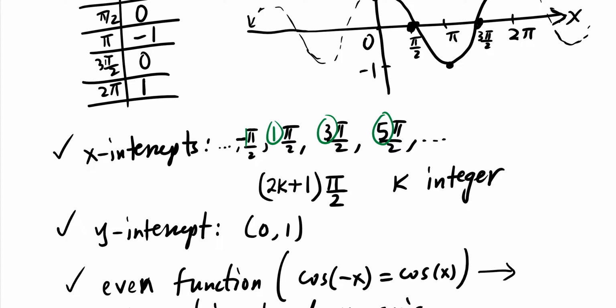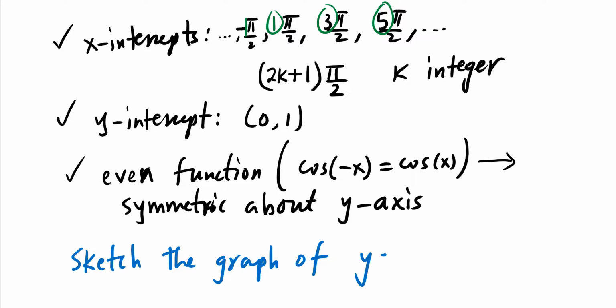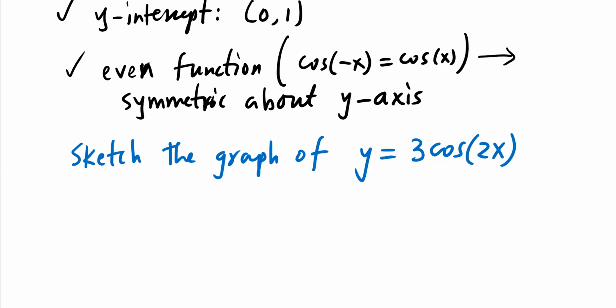Now we're going to see what happens if we change stuff. Let's say we're asked to sketch the graph of y equals 3 cosine 2x. So I put 3 in the front and 2 where the x is. So now what are we going to do?